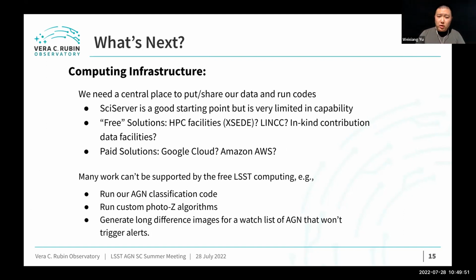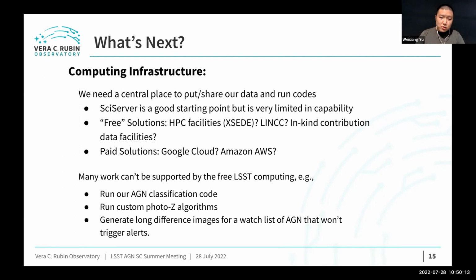A Slack server is a good starting point, but it's very limited in capability. There are some free solutions. First would be the federally funded high performance computing facilities. Basically, we can write grant proposals to try to get time on those, probably also other in-kind contribution data facilities, but I don't know if they are designed to do that.